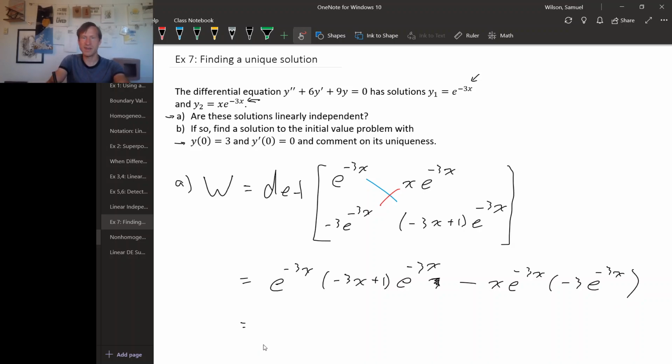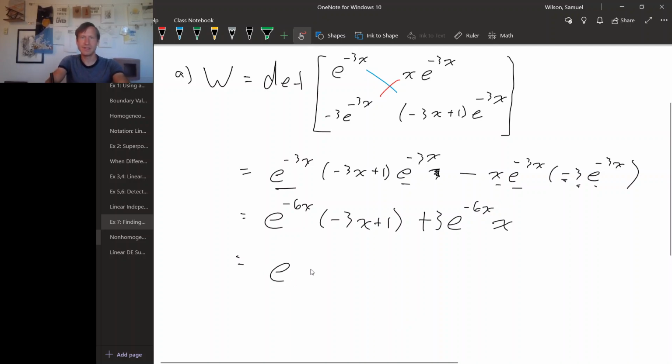Okay, so let's simplify this. Here we have some exponentials we can put together. This is e to the minus 6x times minus 3x plus 1, minus, and here we have exponentials we can put together again. So e to the minus 6x, and then there's an x, and then there's also this minus sign here, which makes this a plus. Oh, and I missed my 3 right there. There we go.